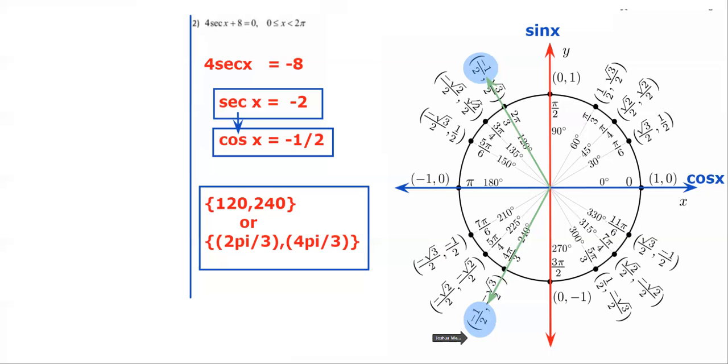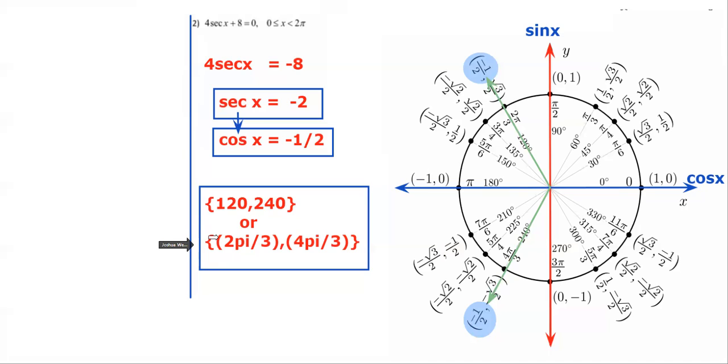Notice again that since cosine is the x-axis, if we create the reference triangle for this unit circle, that would be this distance here along the x-axis, left of the origin. So that is the reference triangle, even though the secant of x is much larger. It's the ratio -2.